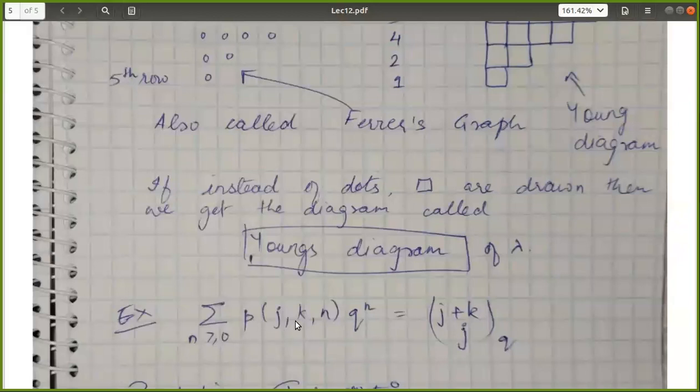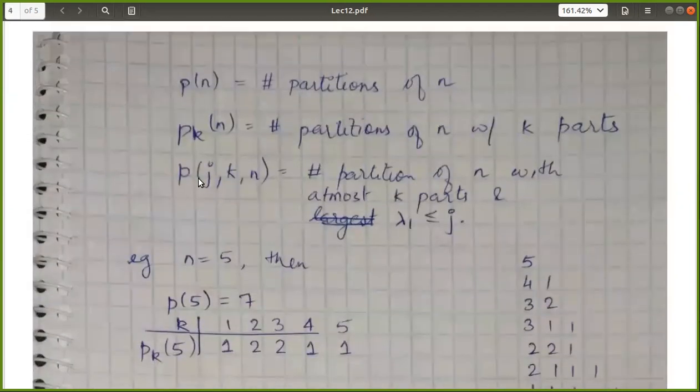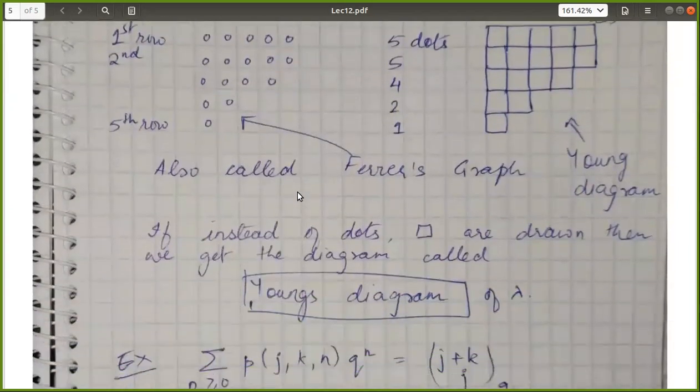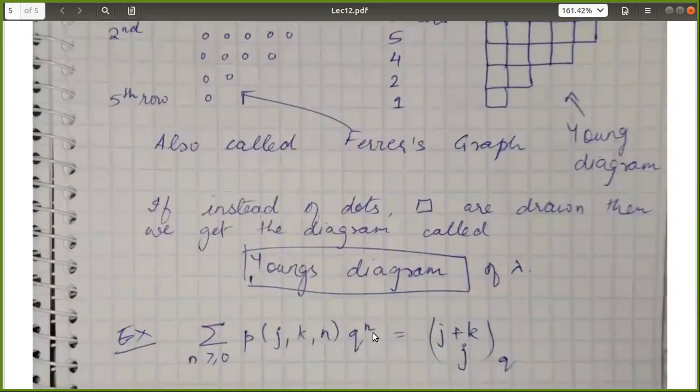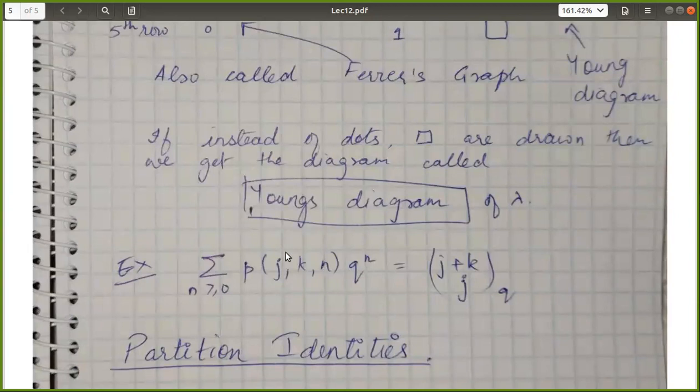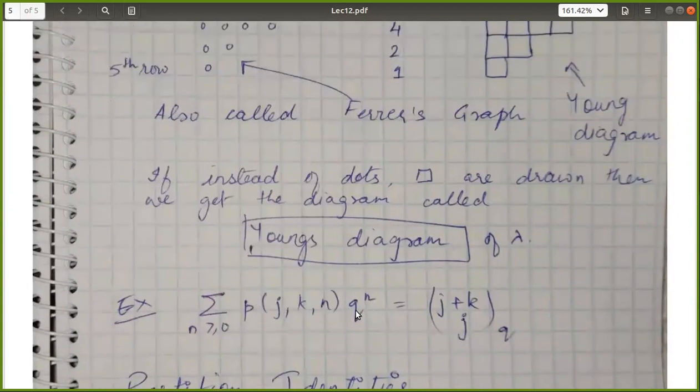So recall this p_{j,k}(n) is the number of partitions of n which has at most k parts, and the largest part is at most j, right? That is the notation for p_{j,k}(n) here. This summation of q raised to n, so to say, it's a recurrence relation, not recurrence, what am I saying?